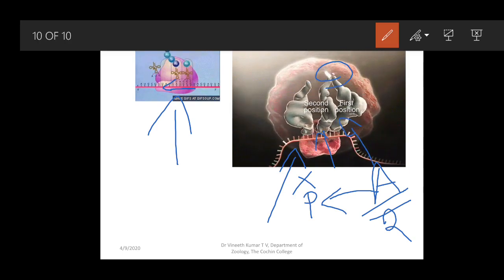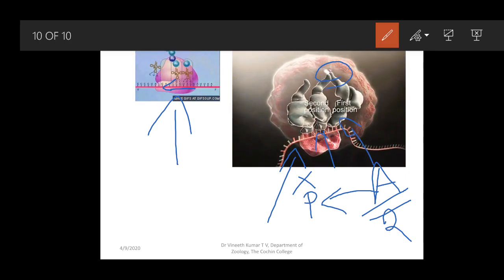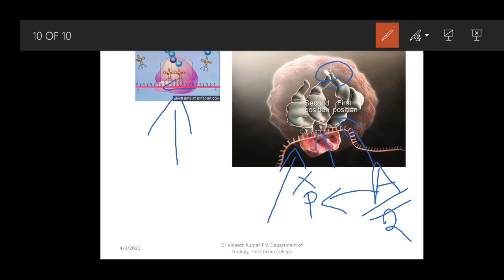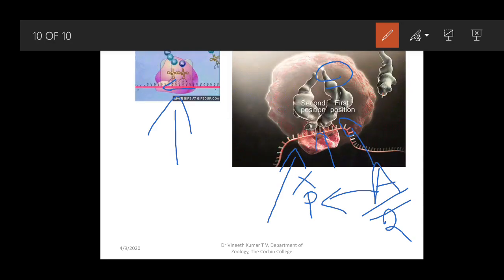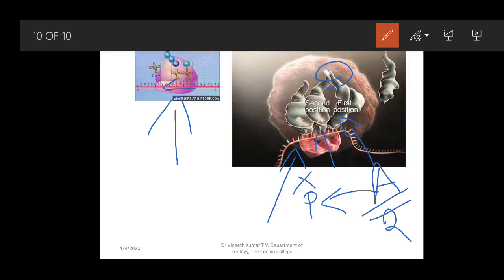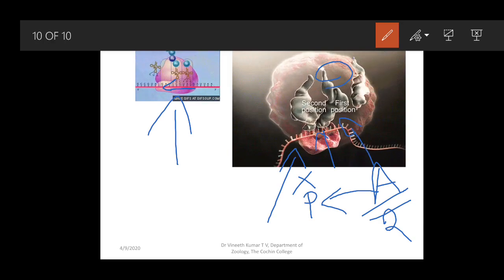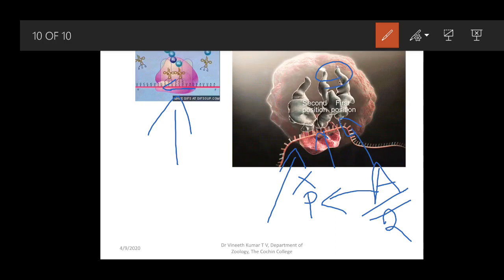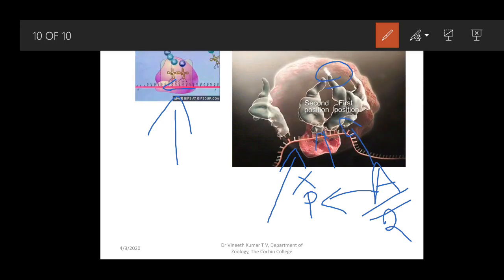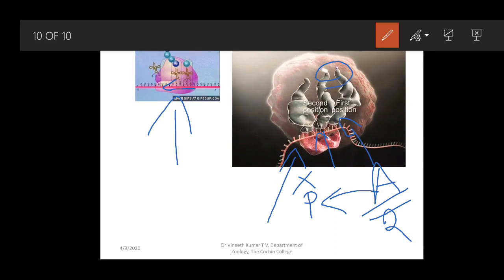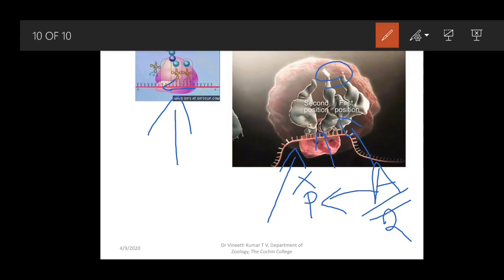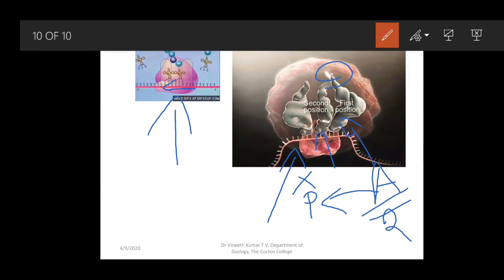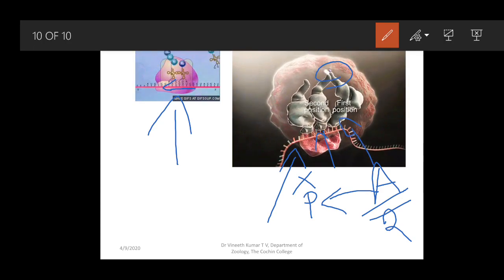Because the entire mRNA is moving, its complementary codon also moves with it. But when it reaches the E site, because there is a kink and the mRNA is now moving downwards, the pairing will be lost. Whenever the pairing is lost, the tRNA will move outside. That means it is deacylated. Deacylation means it is a particular tRNA without an amino acid.